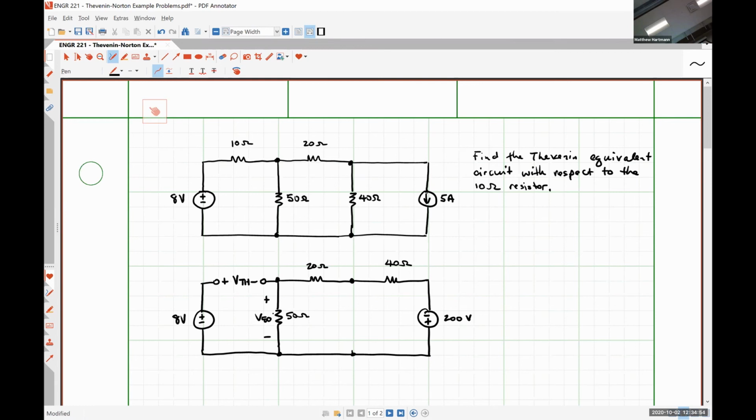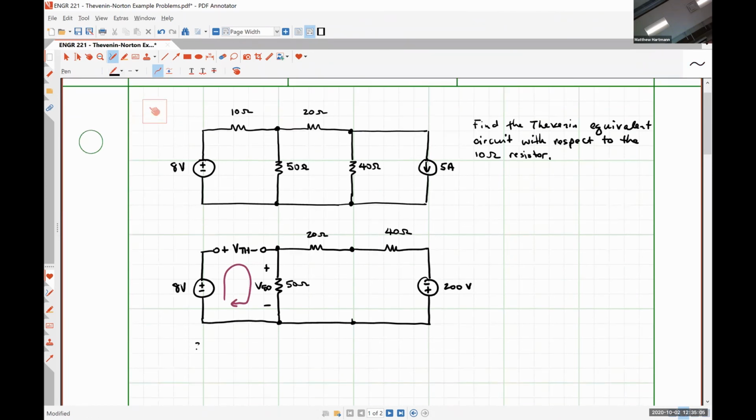If we wrote a Kirchhoff's voltage law equation around this loop, we could see that 8 volts is equal to VTH plus V50, which means that VTH would be equal to 8 volts minus V50. That's literally the exact same thing, just expressed in a slightly different way.